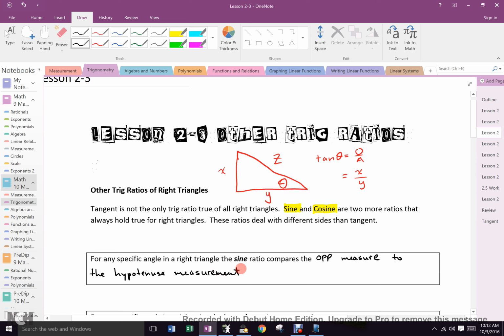So sine looks like this. Sine theta equals opposite over hypotenuse. Now, just like tangent, opposite changes with where you are in the triangle, okay? What doesn't change with where you are in the triangle?